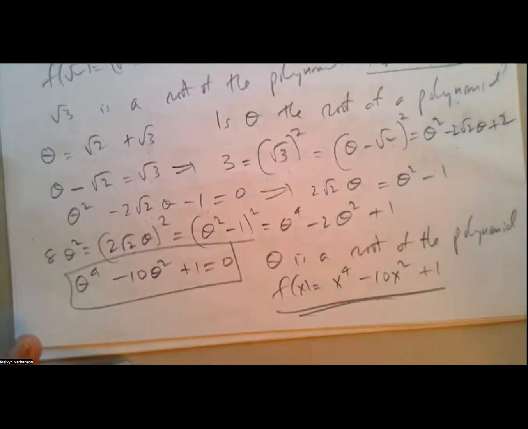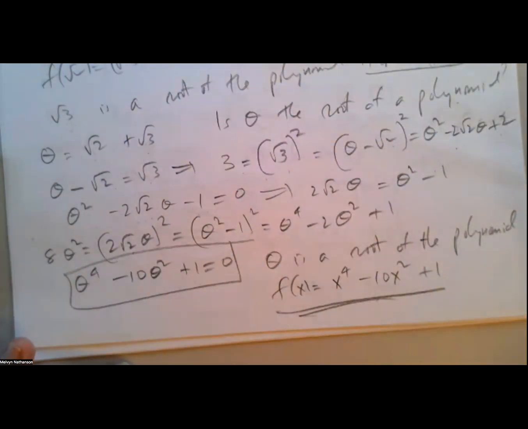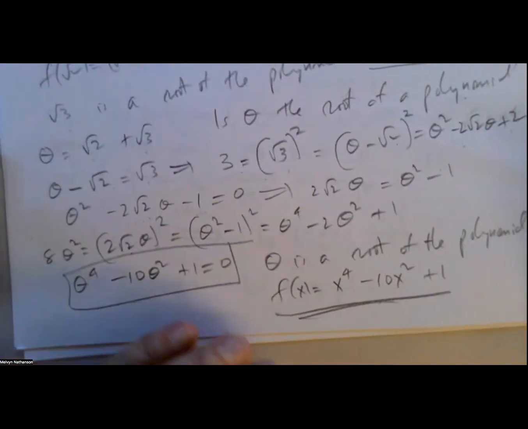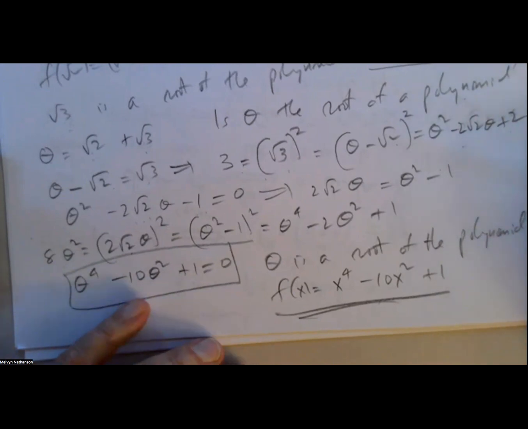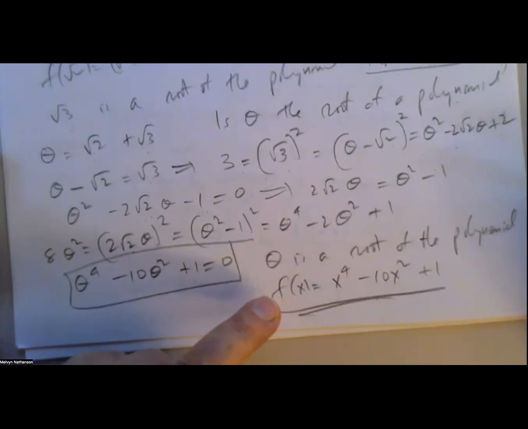Let's see if I can show you sort of a picture of this. So I claim if you take root 2 plus root 3 and plug it into this polynomial, you get 0.